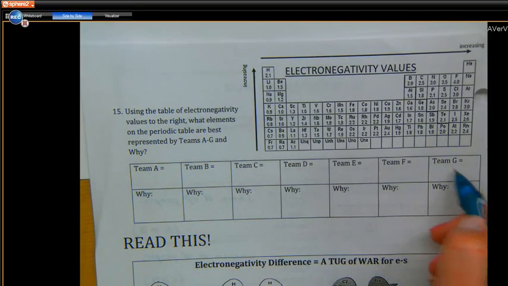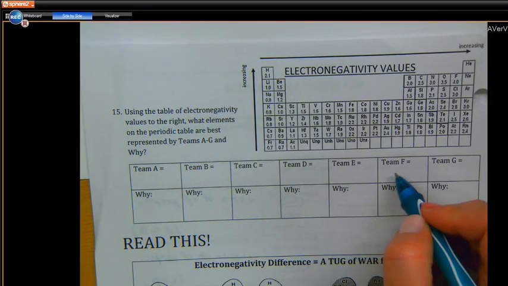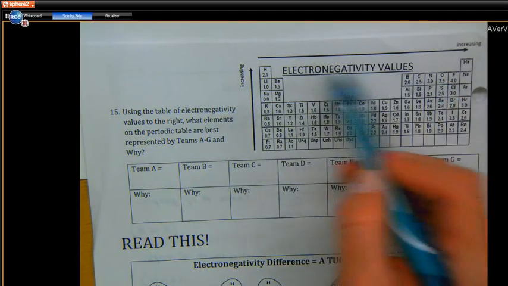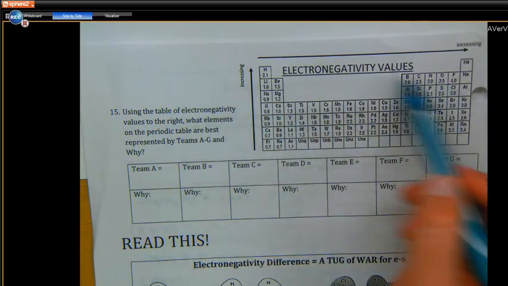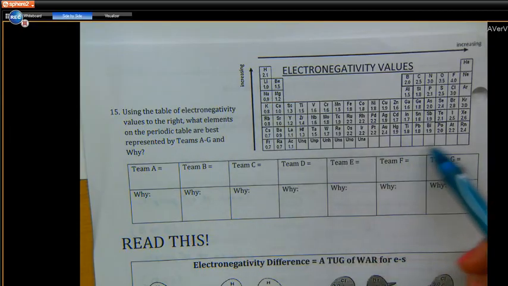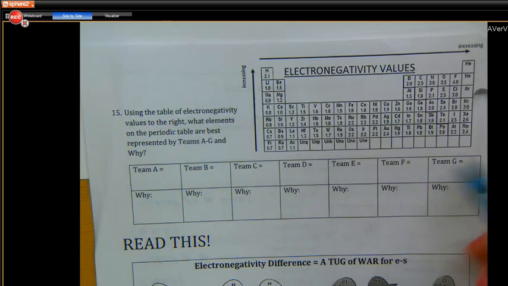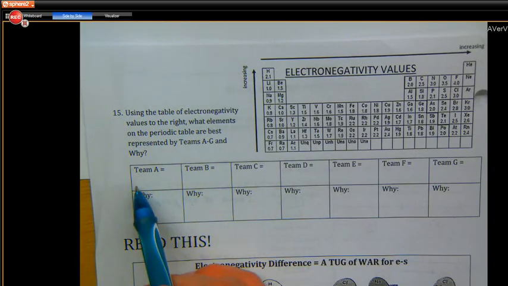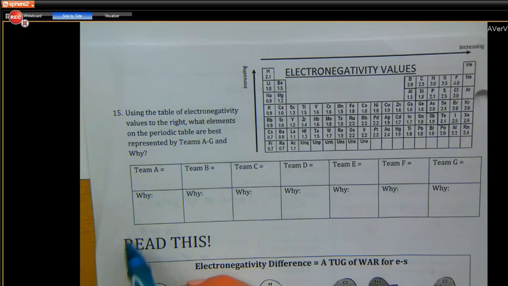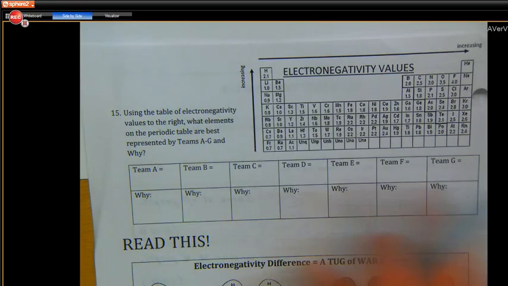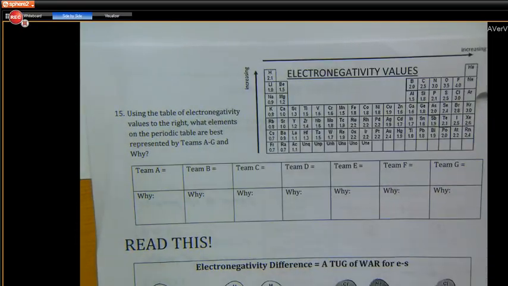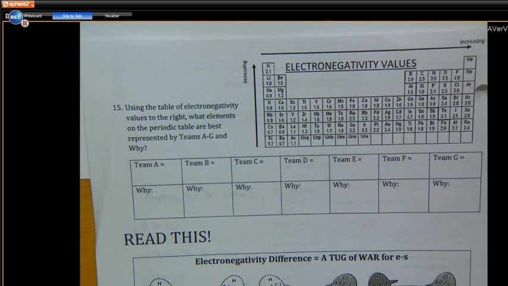I'm going to have the sub pause here for a second for you guys to work. They're going to give you 2 minutes to do this, and then we're going to come back and share some possible answers. There's not necessarily one right answer. So if the sub could pause this video for 2 minutes, please.